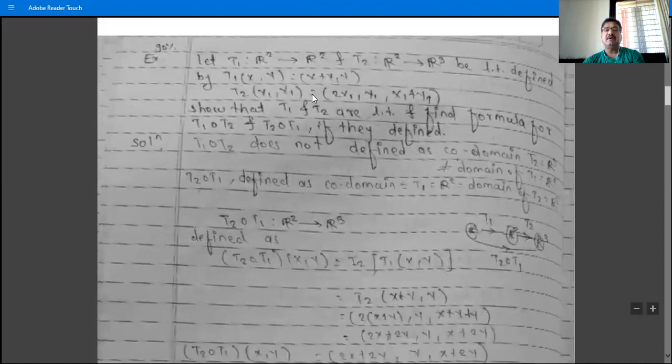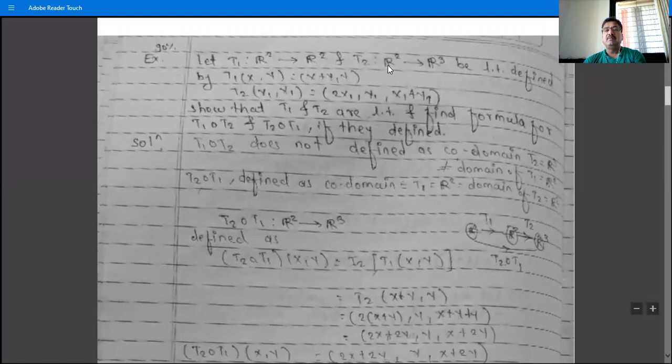The linear transformations are defined as T1(x, y) equal to (x plus y, y), and T2(x1, y1) equal to (2x1, y1, x1 plus y1). This is a three-tuple, obviously, because T2 is a function from R square to R cube.